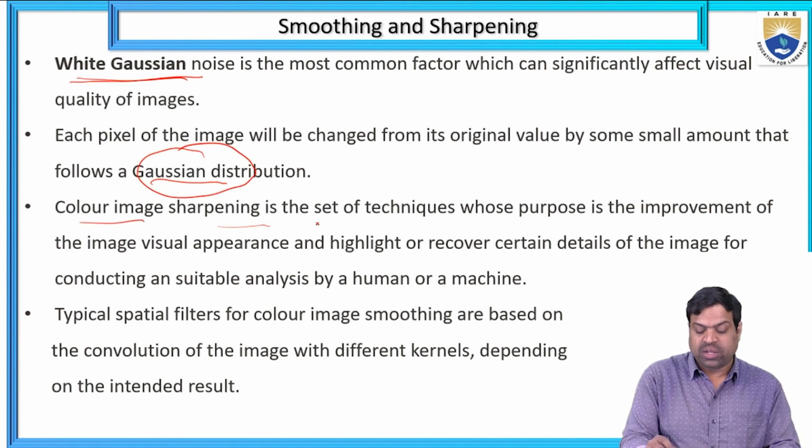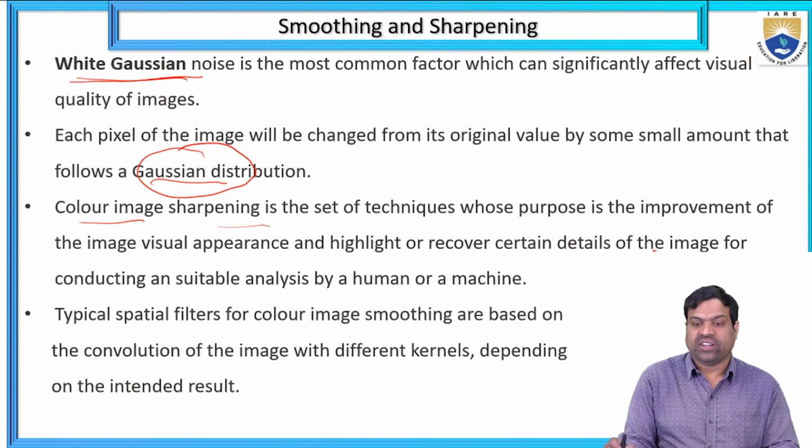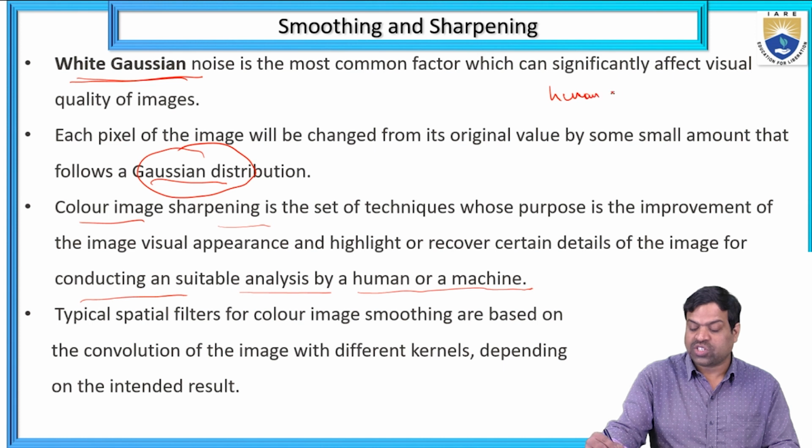But color image sharpening is a set of techniques whose purpose is the improvement of the image's visual appearance and highlighting or recovering certain details of the image for suitable analysis by a human or a machine. So it is the human visual system.